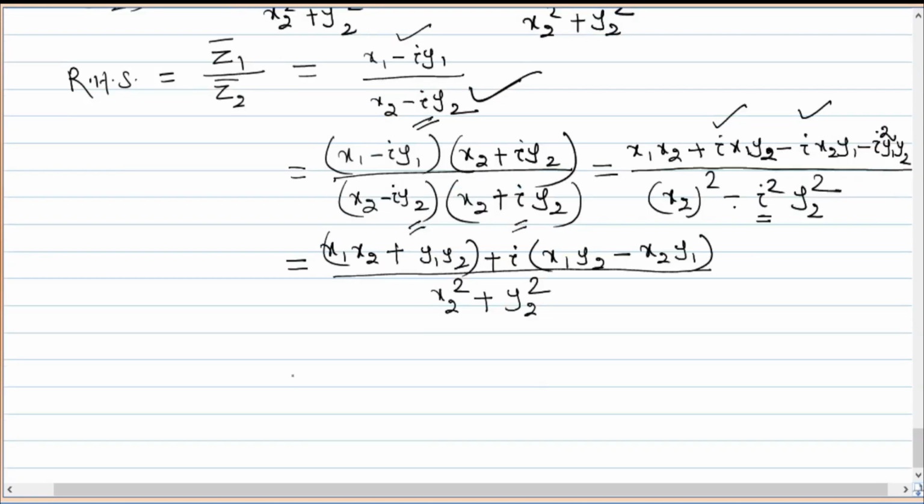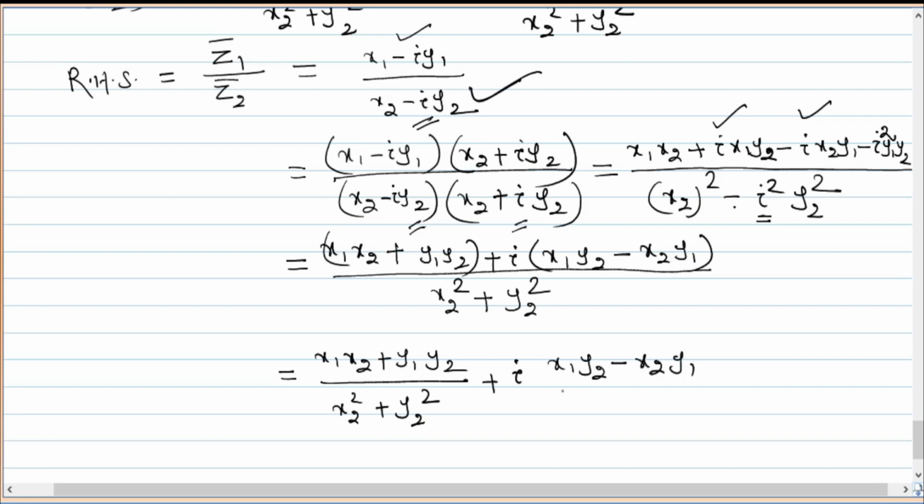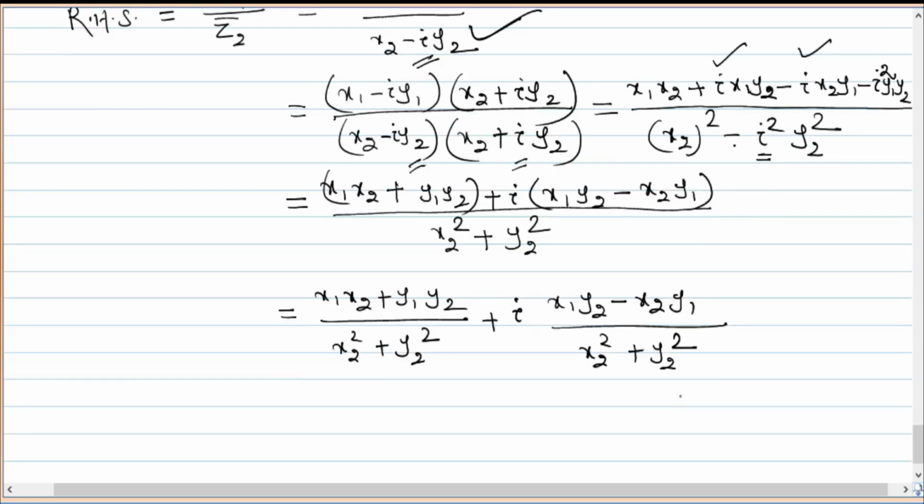Now we'll take x1 x2 plus y1 y2 by x2 square plus y2 square plus i whole into x1 y2 minus x2 y1 divided by x2 square plus y2 square. Okay, now you see LHS is equal to RHS, hence proved.